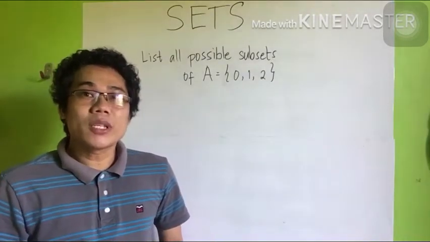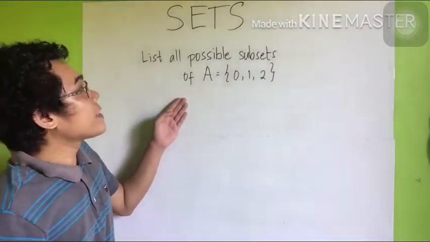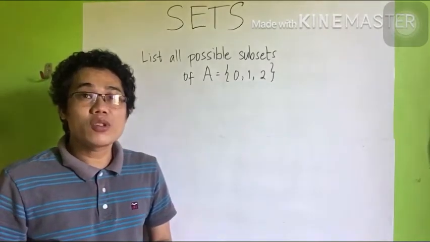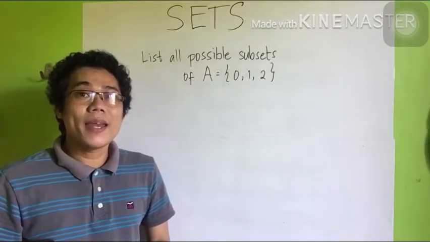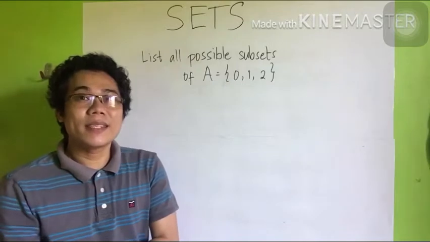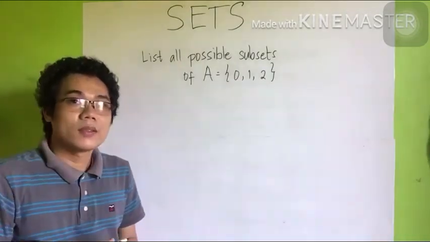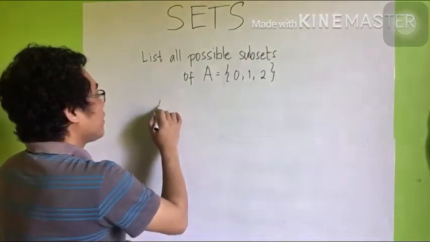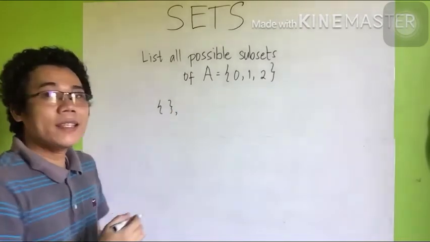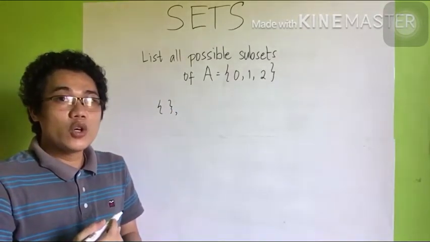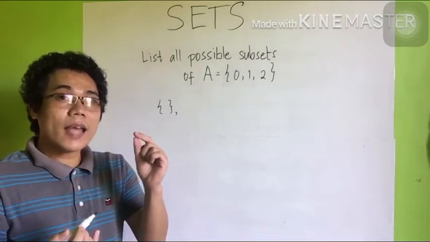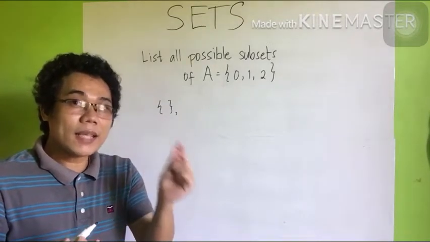Subukan naman nating sagutin itong problem. List all possible subsets of A which contains 0, 1, and 2. So paano ba natin i-list yung mga possible subsets niya? Una, si empty. Ang next natin gagawin is yung set na nag-contain ng isang element.